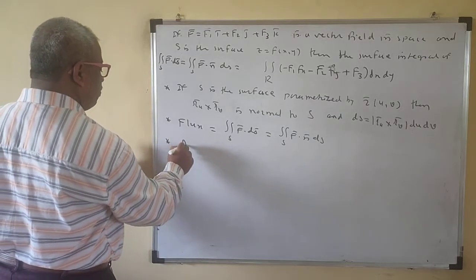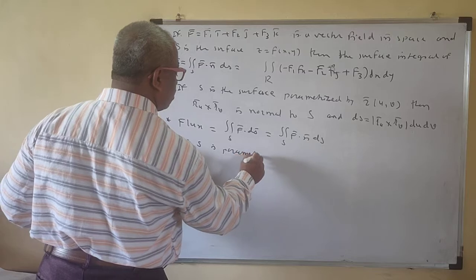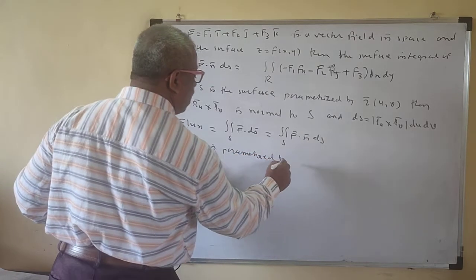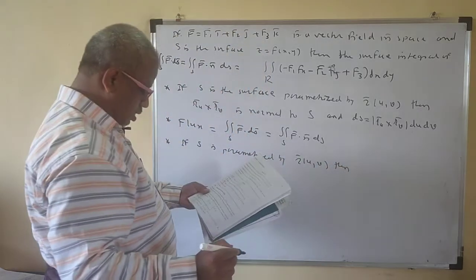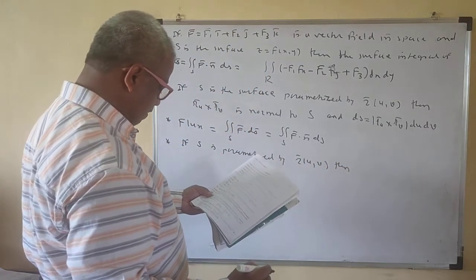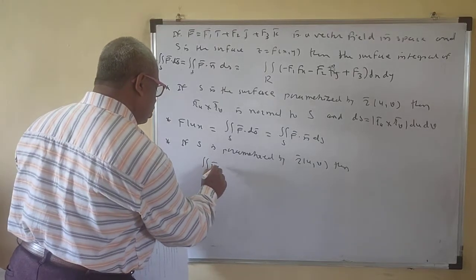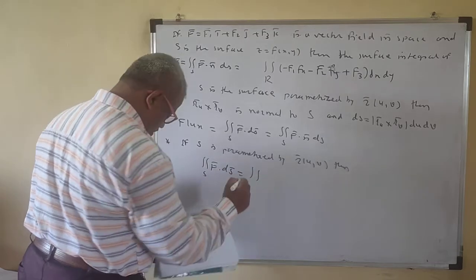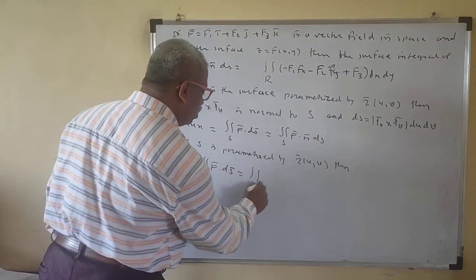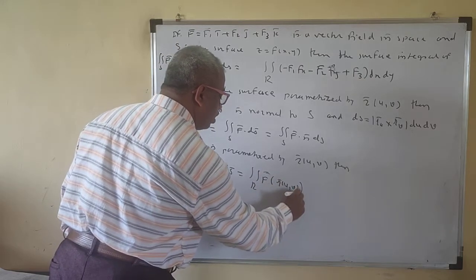If S is parameterized by r bar of u, v, then the surface integral over S of f bar dot ds bar is the same as the double integral over R of f bar of u, v, where x equals f of u, v.